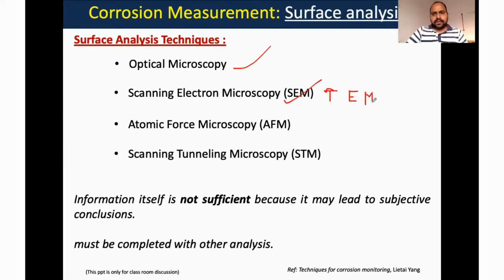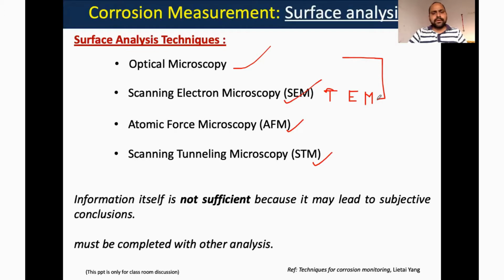Then the next ones are atomic force microscope and STM. Today we'll talk about three: optical microscope, scanning electron microscope, and transmission electron microscope. These techniques are very good and can give very accurate and logical information.